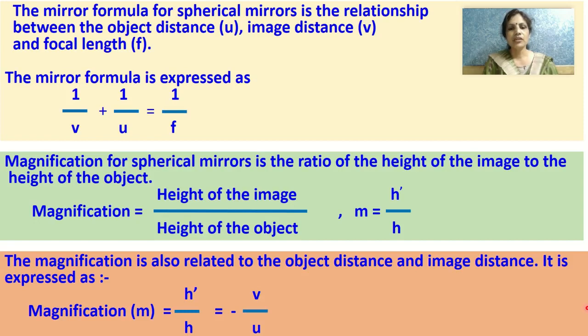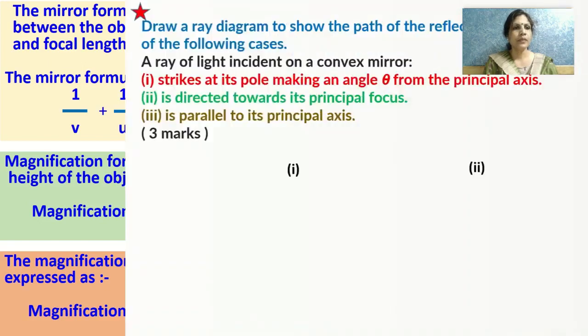This magnification is also related to the object distance and the image distance, and it is expressed as m = -v/u. These three formulas are very useful when it comes to solving the numericals based on spherical mirrors. So please keep these formulas in mind, and let's see now the first question.